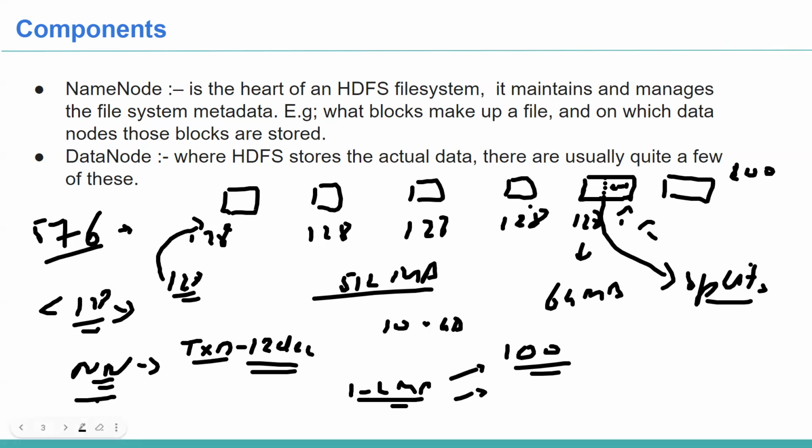So in such cases, if there are very small files, and this is something I'm talking about only for one type of data, like one transaction file of 12 December, and if we have multiple files split into 1 or 2 MB in size, name node will go down because it won't be able to handle the metadata.